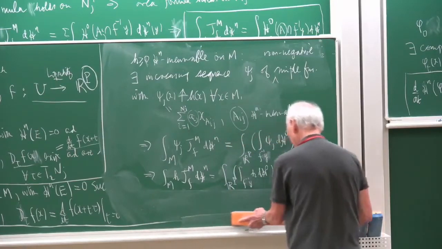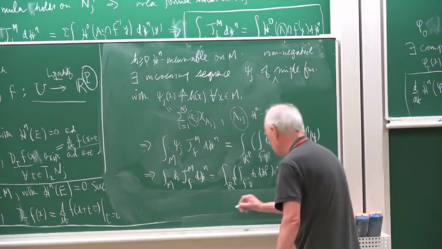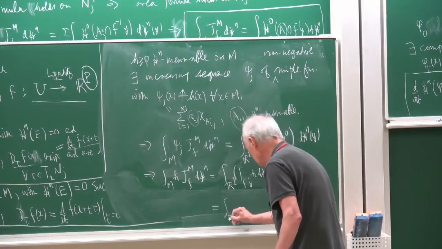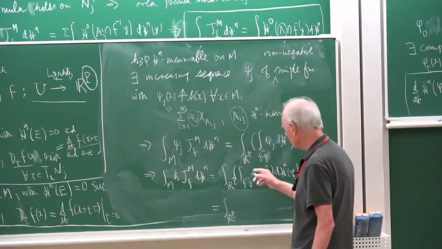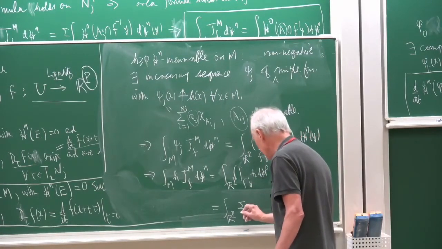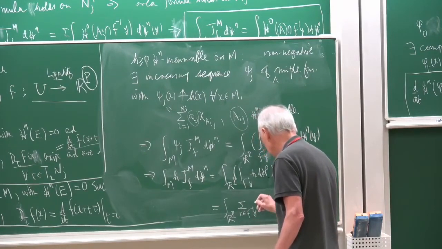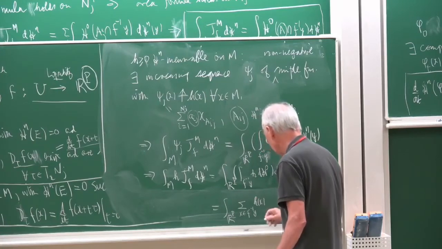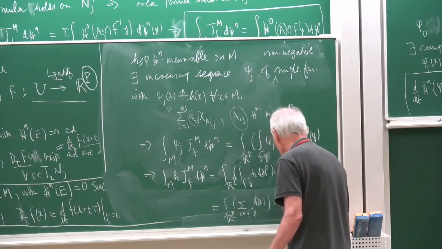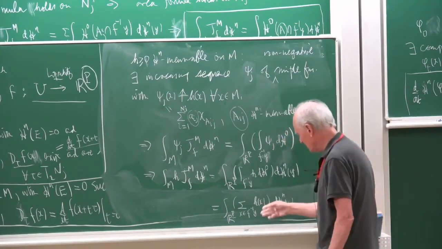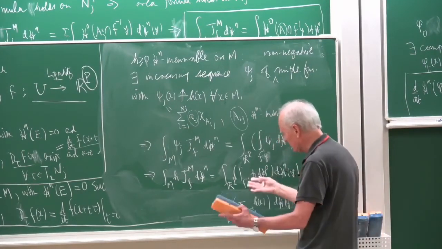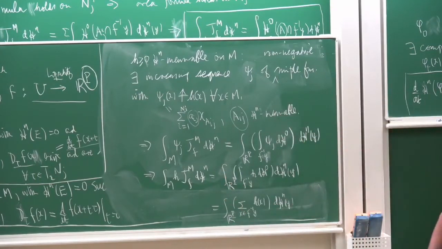This is the same as the integral over Rp, where the y variables live, of the sum of h(x) over x in the pre-image, dHn(y). Of course, this may be plus infinity at some points, but that's okay. The Lebesgue integral can handle that.